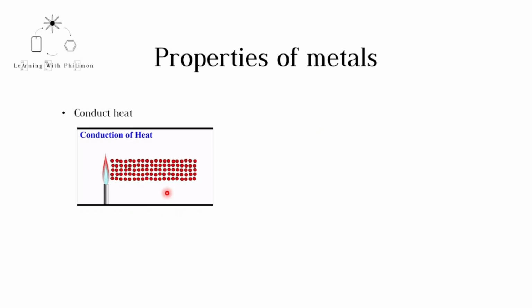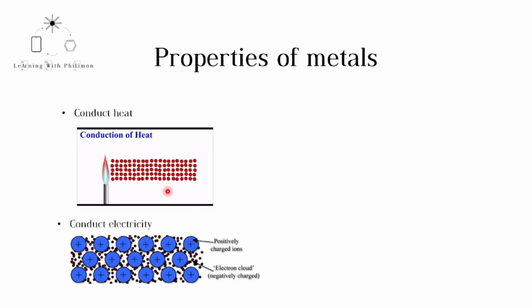If one end of a metal is heated, the vibrations cause the neighboring atoms to vibrate, transferring the energy. Metals can conduct electricity because their structure contains delocalized electrons. These electrons can move freely through the structure. To have electricity, charge needs to be able to move.